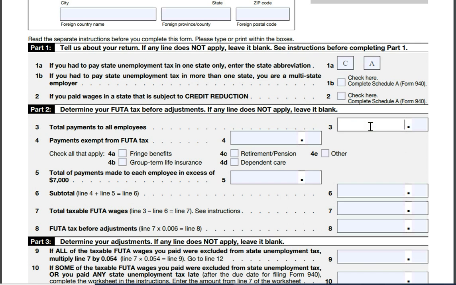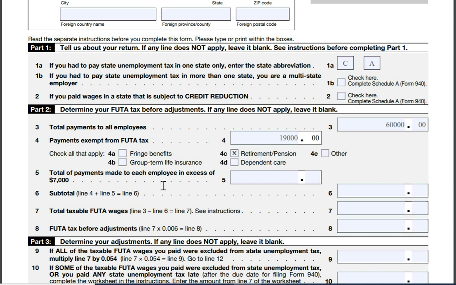I have one W-2, and this employee received $60,000. There were some retirement contributions. The employee contributed to a 401k, and contributed the maximum, which was $19,000 in 2019. Line 4, you have to check what it was, retirement and pensions.